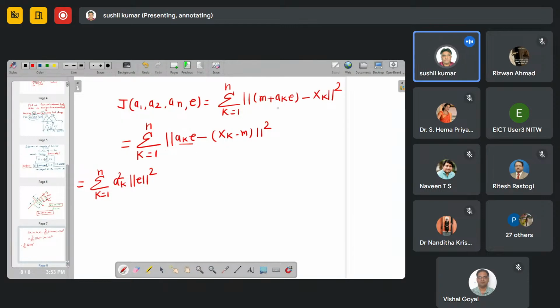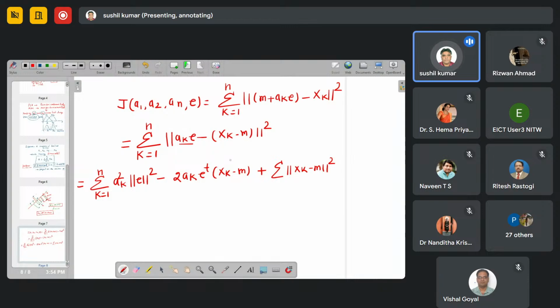Then minus 2 a_k e transpose (x_k minus m), because we are doing the calculations with the help of matrices. Plus (x_k minus m) whole square. I didn't do anything extra here.